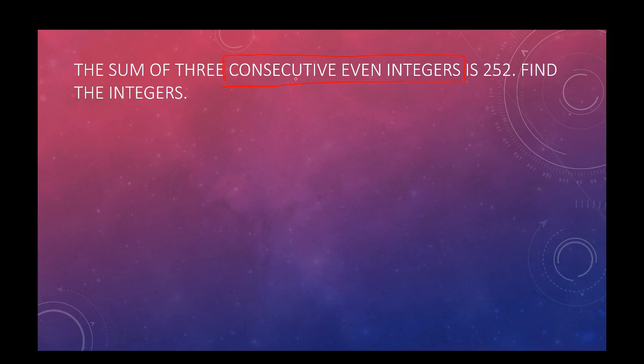So 1, 2, 3, 4, 5, those are consecutive. Consecutive evens would be 2, 4, 6, 8, 10, and so on. Consecutive odds would be 1, 3, 5, 7, and so on. Okay, so they're in a row, right? So what we're about to do works for consecutive even or consecutive odd.